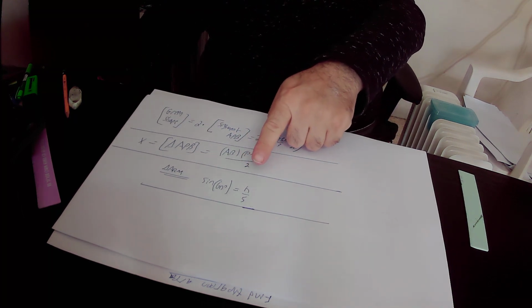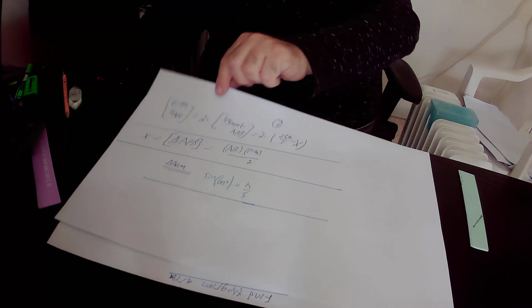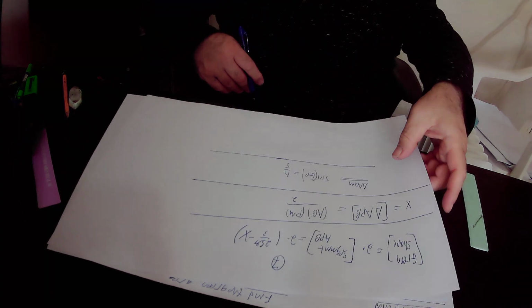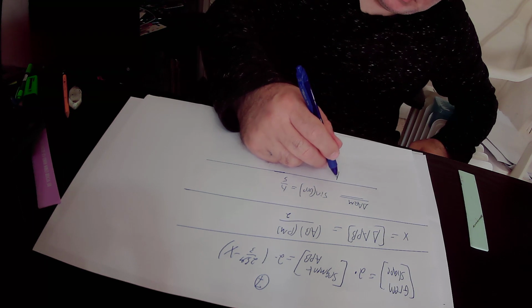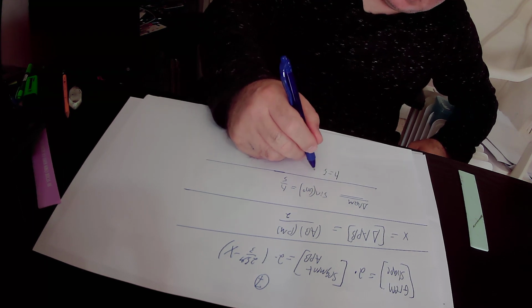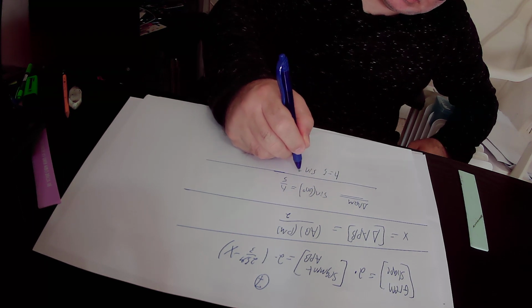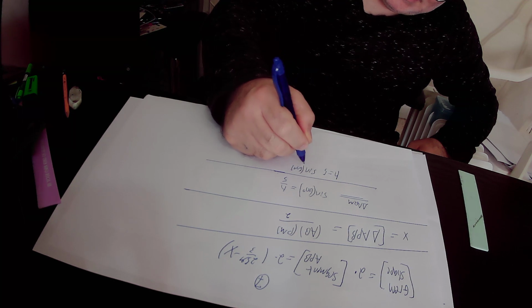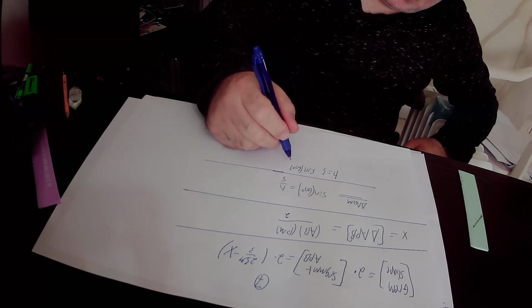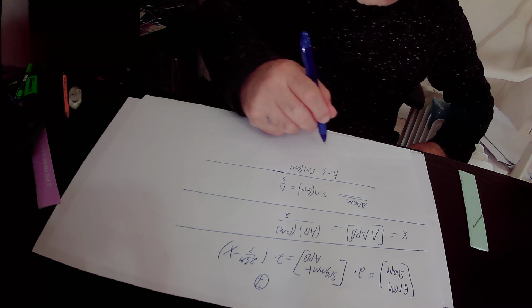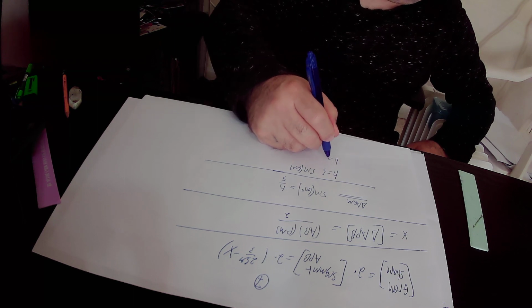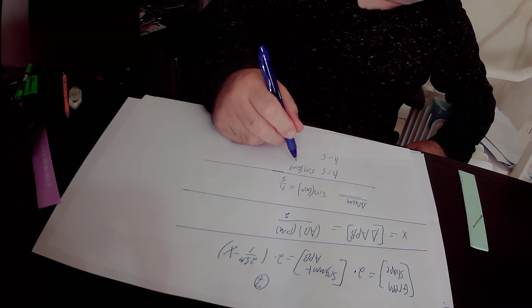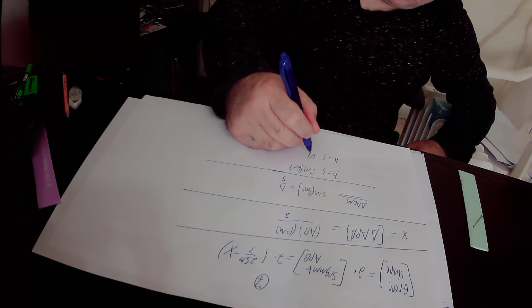Here we will multiply this equation by 5 and we will get that H equals 5 times sine 60 degrees, and we know that sine 60 degrees is square root of 3 over 2.